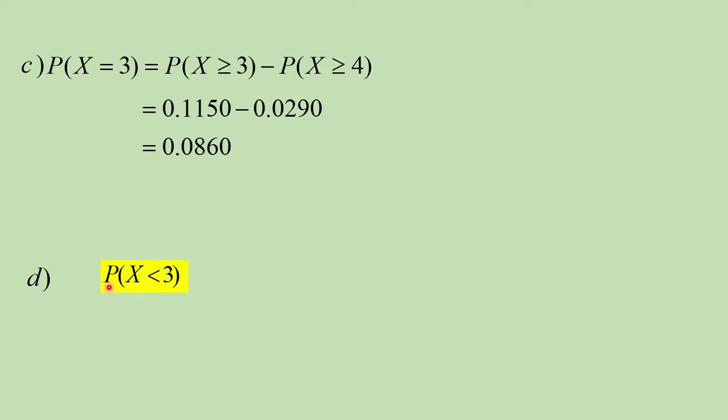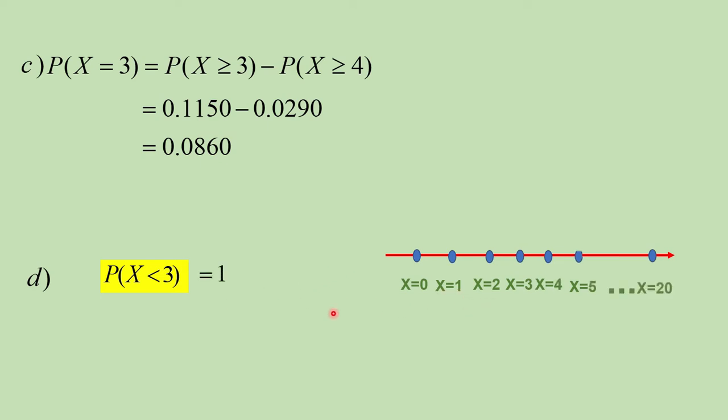Okay, what about D? Probability x less than 3. You can understand by looking at this diagram. This is the total of all the probability from x equals 0, 1, 2 until x equals 20.